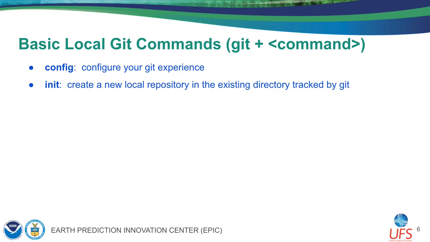The next is git init, where you create your local repository in the present directory that starts being tracked by Git. Then git add, you will add files to be tracked by Git.